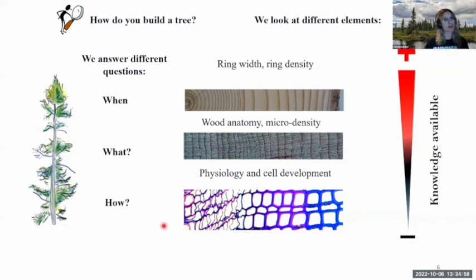And if you are interested in knowing how something happens, you can look at cell development, which is a very interesting scale. But unfortunately, the knowledge available on these three scales is not the same.